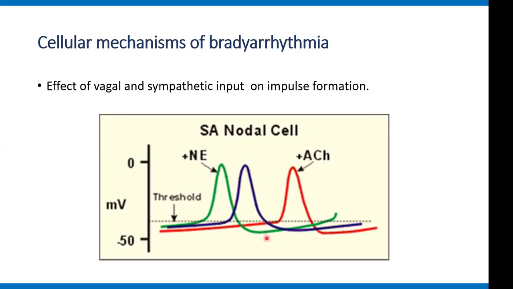Acetylcholine, on the other hand, which is parasympathetic stimulation, depresses the threshold further, far lower than the threshold here. So it takes longer for the If channels to reach the activation threshold for the calcium channels. That is how the sympathetic and parasympathetic systems affect the heart rate. We either cause a bradyarrhythmia or a tachyarrhythmia.